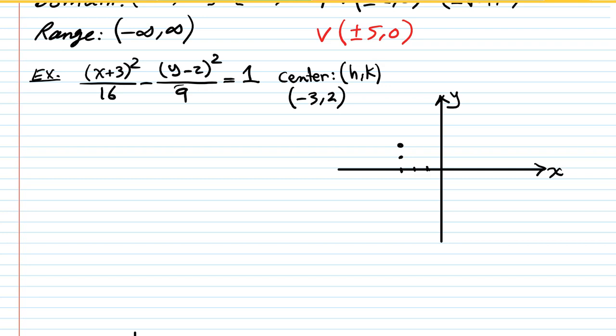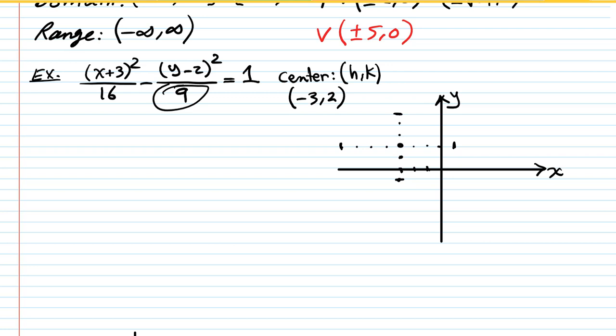Now, from the center along the horizontal axis, I'm going to go square root of 16. So I'm going to go right 4, and then left 4. So these would be 2 points on the fundamental rectangle. And then square root of 9, that's going to be 3. From the center, I'm going to go down 3 and go up 3.